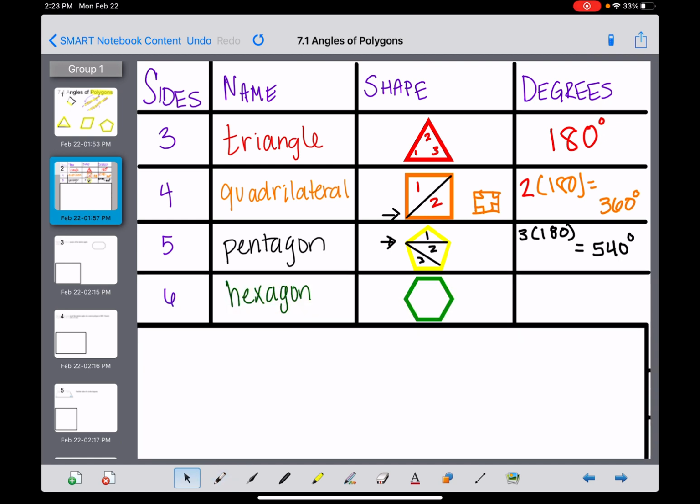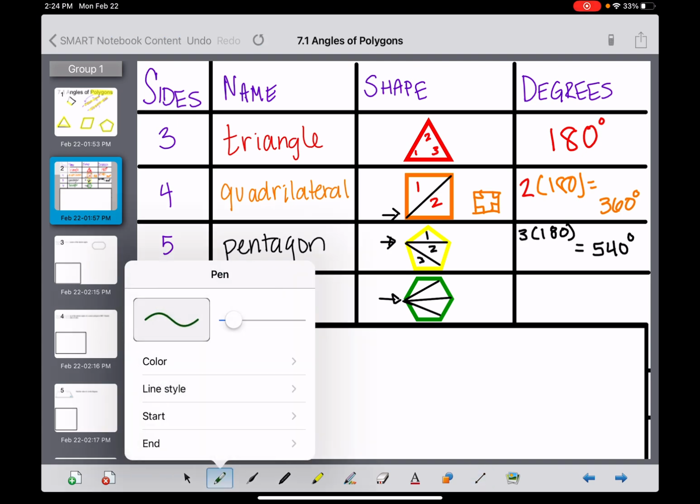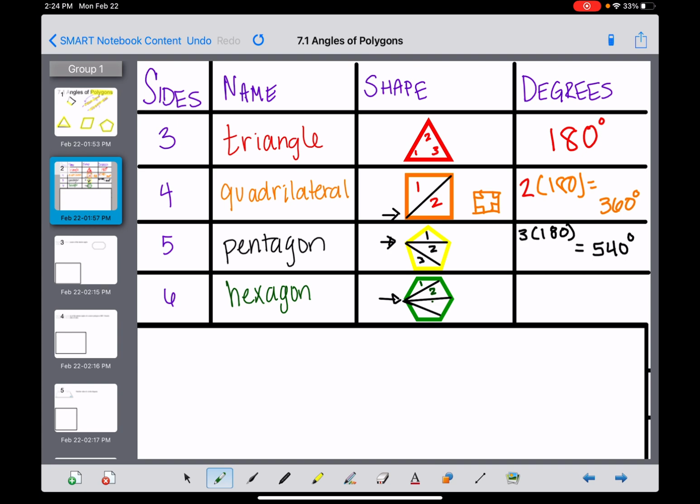A 6-sided figure is a hexagon. Going through our same routine, drawing our diagonals. So I picked this random angle. I'm going to draw a diagonal to all non-adjacent angles. And if I count, I have 1, 2, 3, 4 triangles. 4 times 180 degrees to represent those 4 triangles is 720.